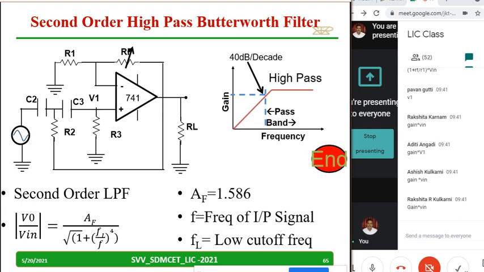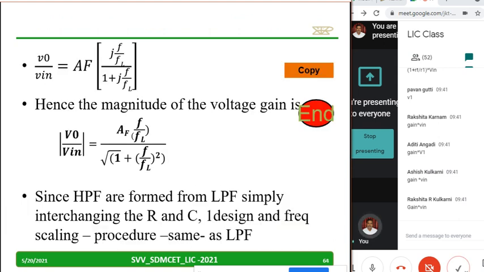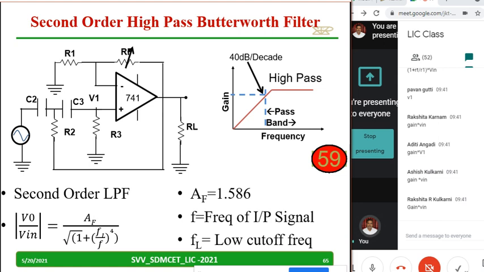But take another few seconds if you want. I'll give another 10 to 15 seconds. Copy down. We will not discuss anything again, the problem and all remain the same. Only the equations may differ. You have to fill in the values and find out. But remember, for second order, gain is 1.586.